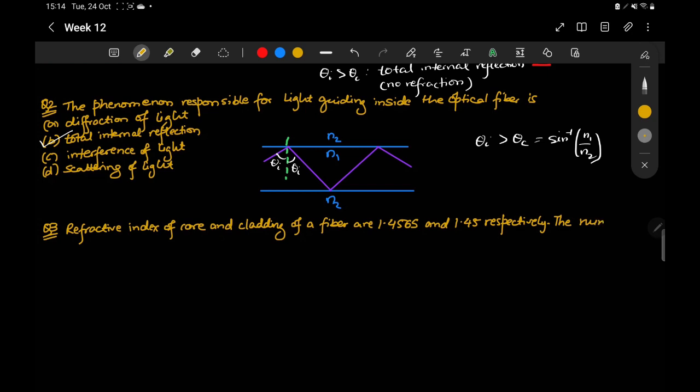The numerical aperture of the fiber would be option A 0.13. This is a simple numerical question.